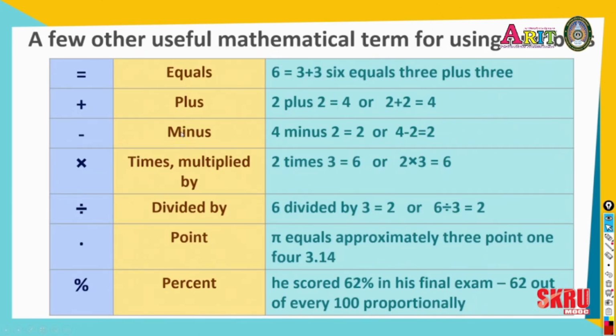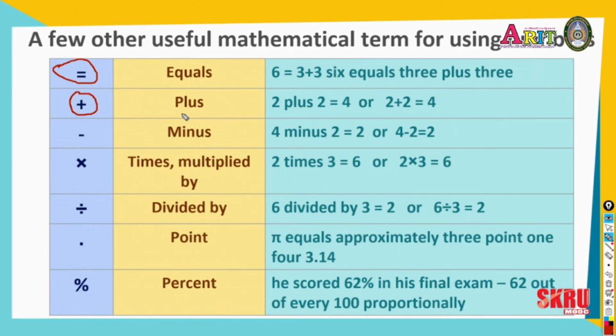Last thing I want to cover today is a few little symbols you might come across when you're using numbers. If you're doing any kind of mathematics, you might see these symbols. So, the first one, two dashes, equals: 6 equals 3 and 3, 3 plus 3. A plus sign when we add things together.